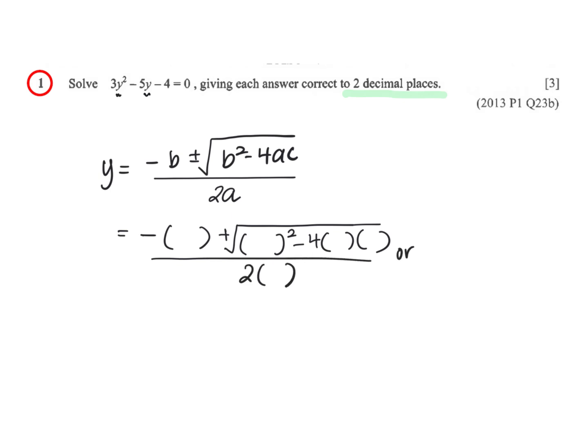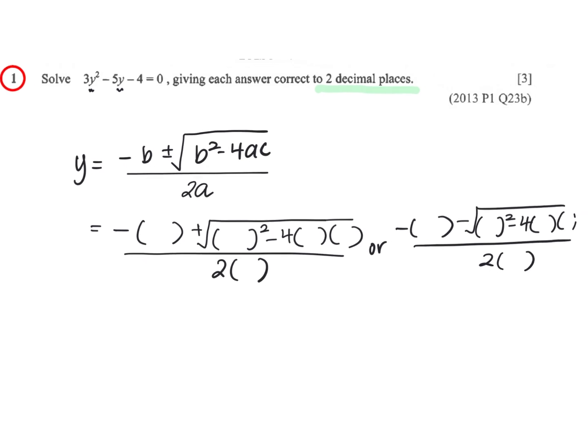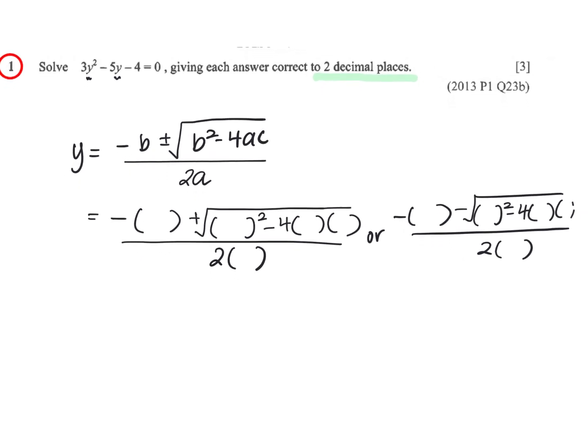Or my second answer, negative b minus square root b squared minus 4ac over 2a. Alright, for this video, I'll just show you the long cut, so I'll write down everything in detail. Those students who are very good at it, and already know how to operate your calculator without writing it out, please go ahead.